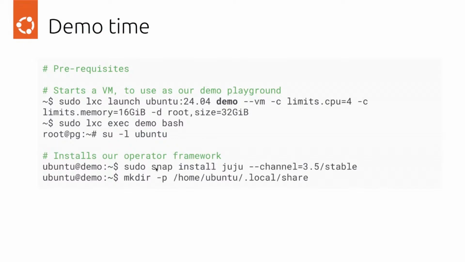Okay, so here as well we install Juju, our orchestrator. You can think about Juju as the backbone of our operator framework, meaning that what we are going to use in order to do this is an operator. But unlike a Kubernetes operator that only works on top of Kubernetes, Juju allows us to have operators that work with VMs, Kubernetes, and even different cloud providers like Amazon, Azure, and Google Cloud.